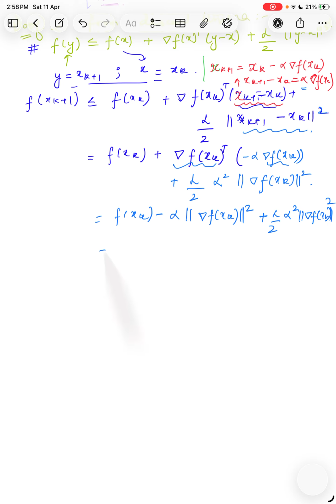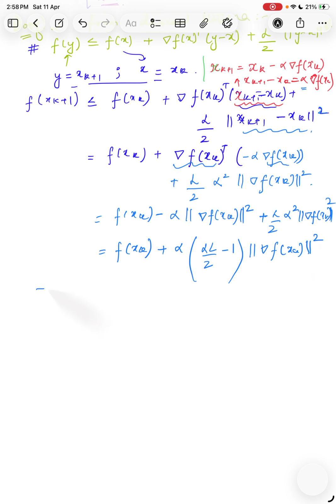So you can write this as f of xk plus alpha can be taken as common, so you will have alpha L by 2 minus 1, and you can also take norm of del of f of xk whole squared as common.